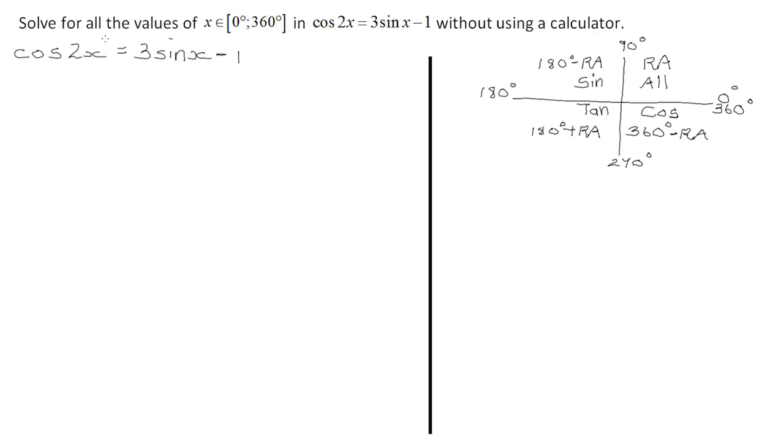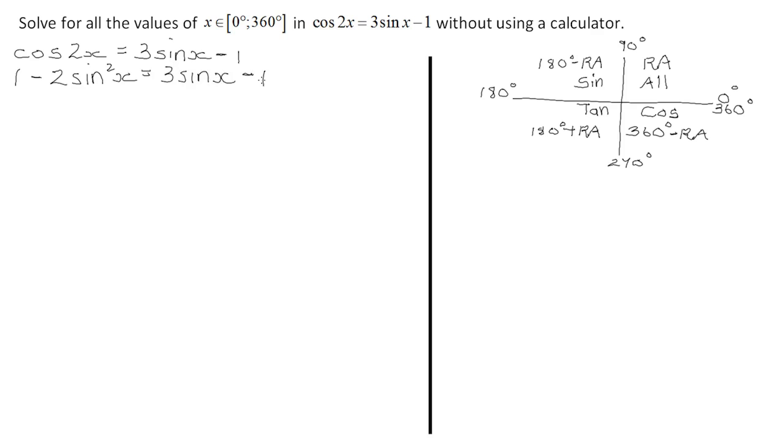Cos 2x, according to formula number 15, is exactly the same as 1 minus 2 sine squared x, equals to 3 sine x minus 1.